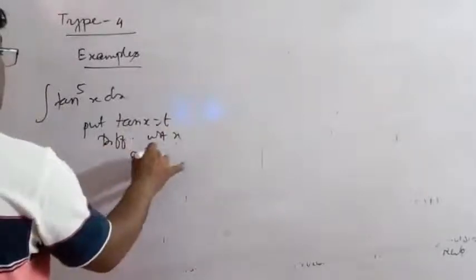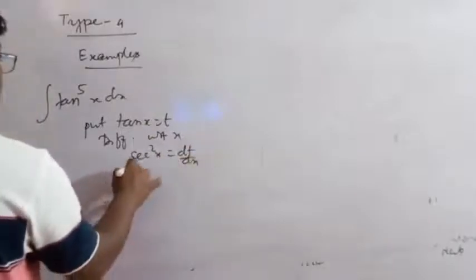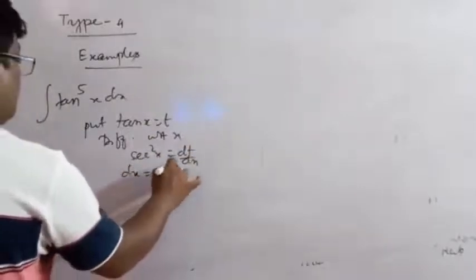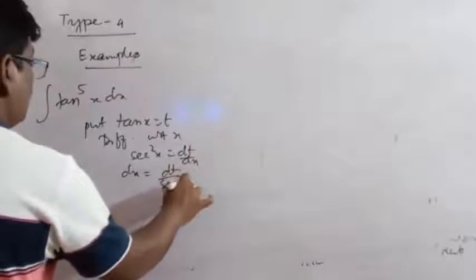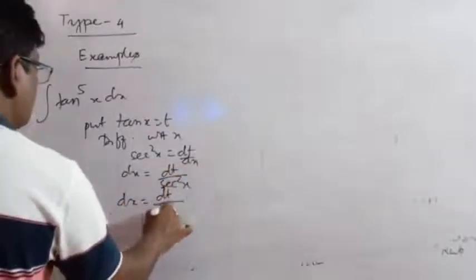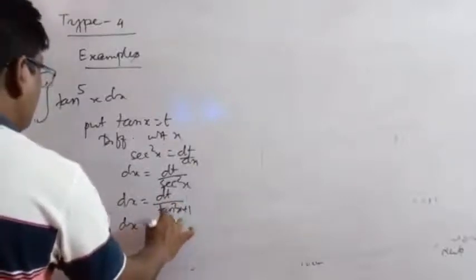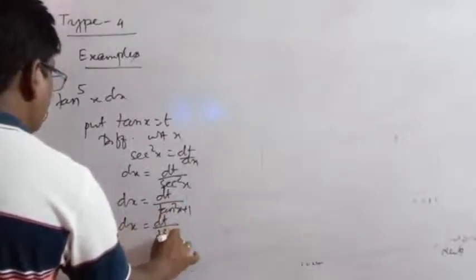So sec square x is equal to dt by dx, so dx is equal to dt by sec square x, which means tan square x plus 1. So dx is equal to dt by t square plus 1.